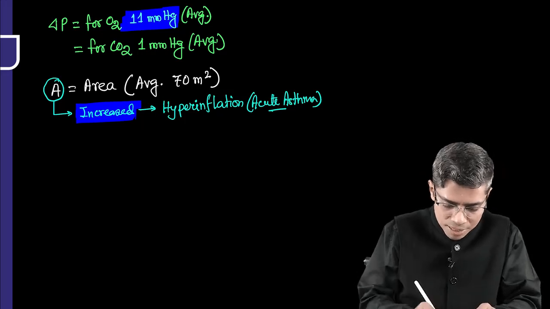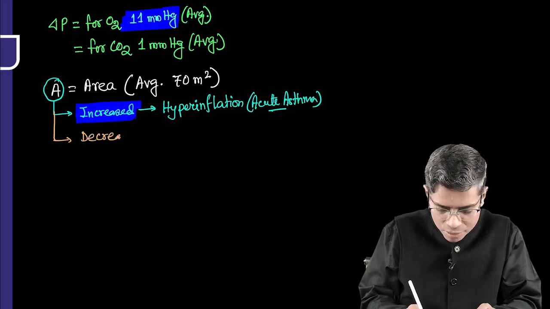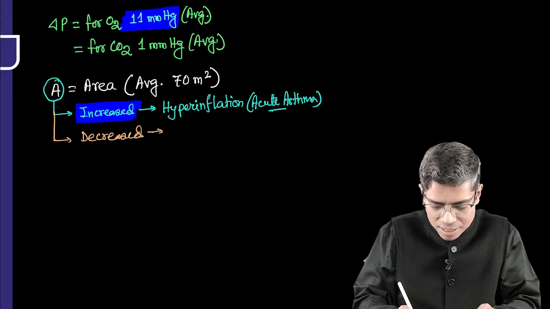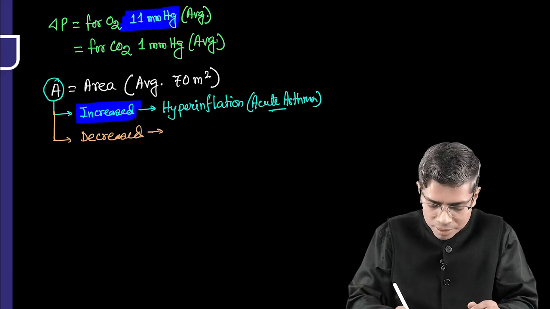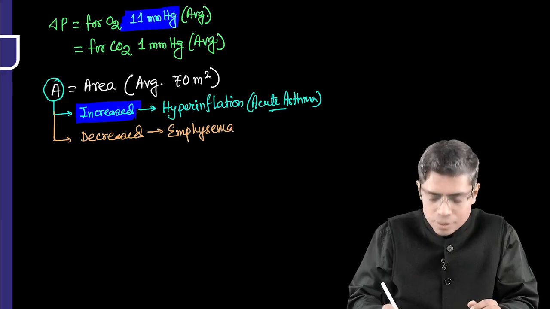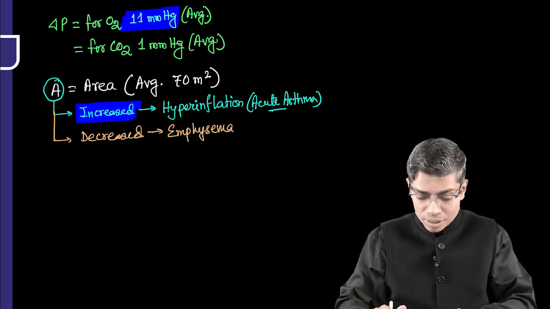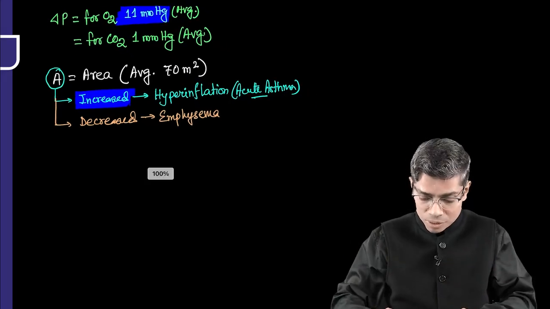And this surface area of diffusion can also be decreased, right? The diffusion area will be decreased in case of rupture of alveoli. For example, in emphysema, some of the alveoli rupture due to expansion and air trapping, as you all know.